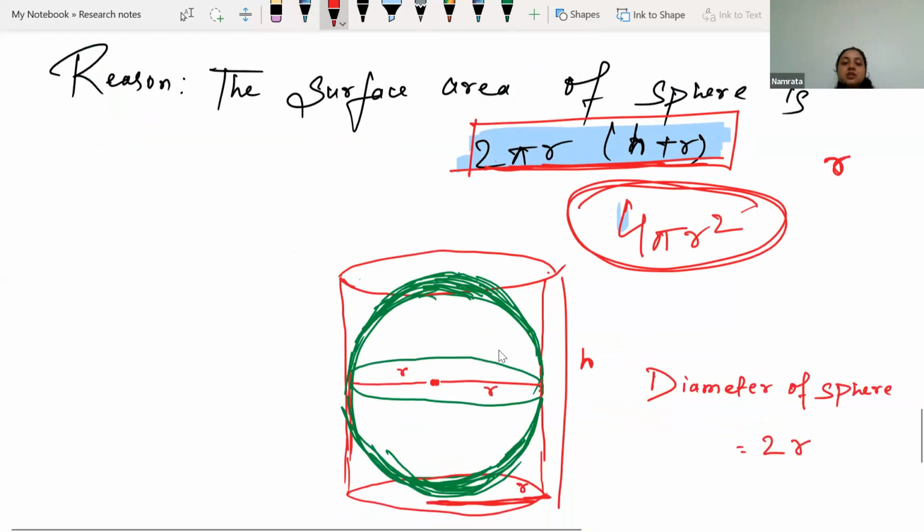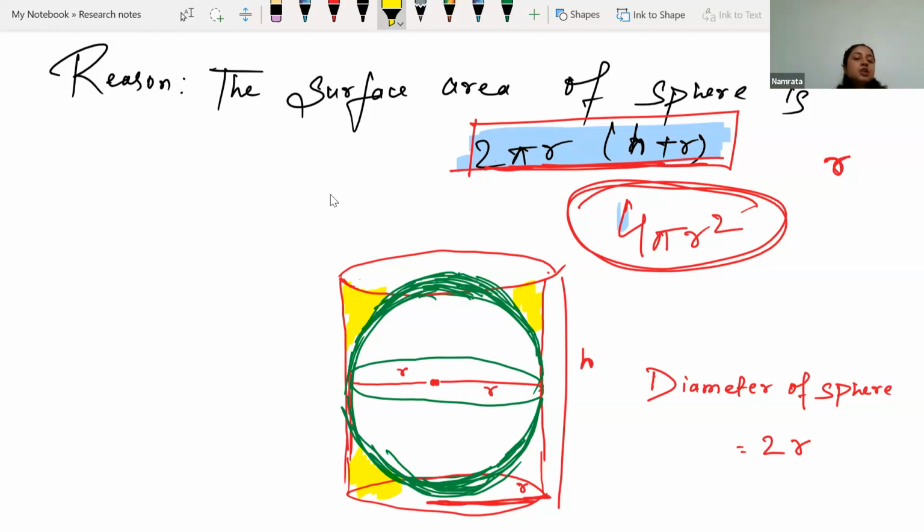No. Can you see here some spaces are left? So we cannot say both the surface areas will be the same. Can you see this yellow part? These are the leftover portion, because a sphere and a cylinder cannot completely fit together.